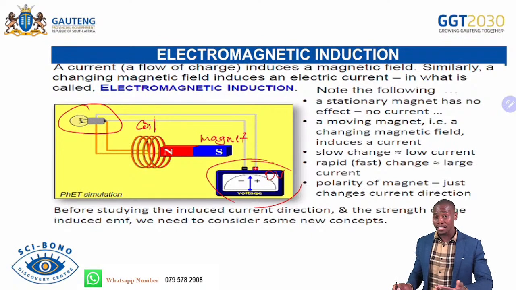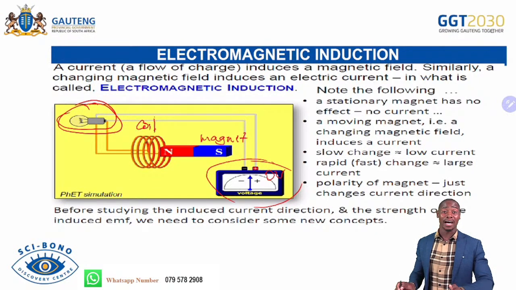As long as we have that relative motion, EMF will be induced. How are you going to see that the EMF is induced in this coil? There will be a reading on the voltmeter. Then how are you going to see that there's EMF induced also?